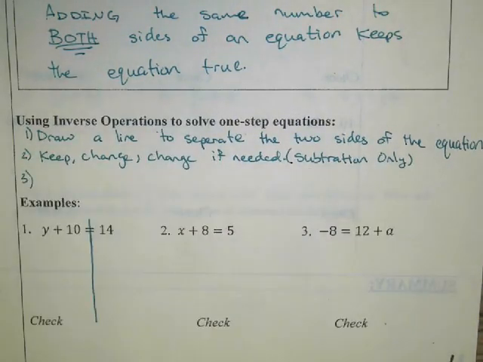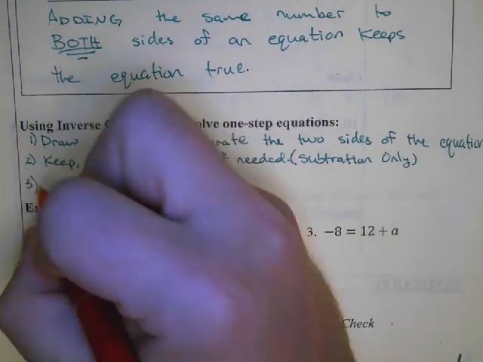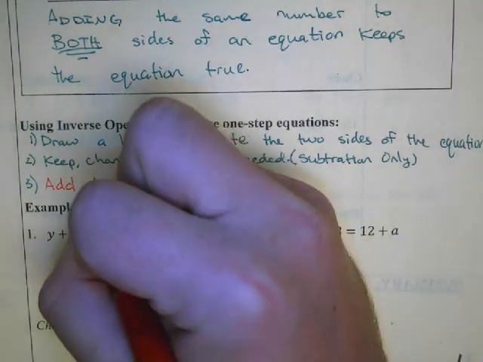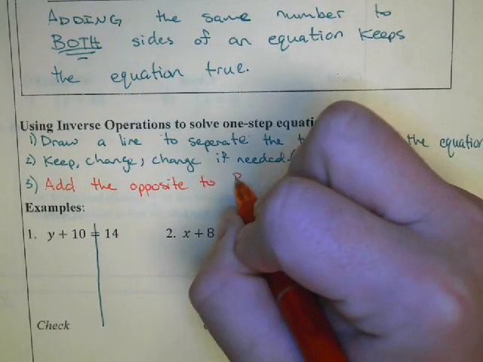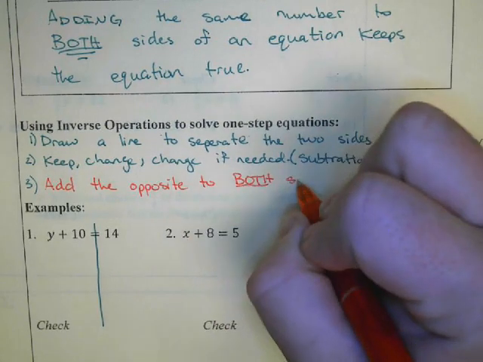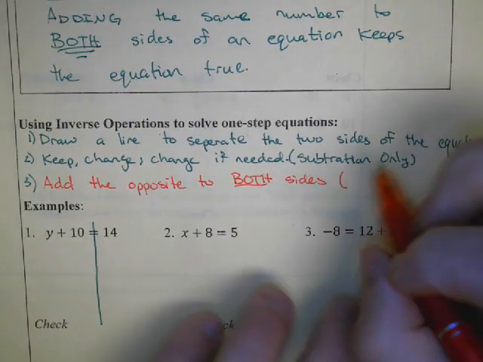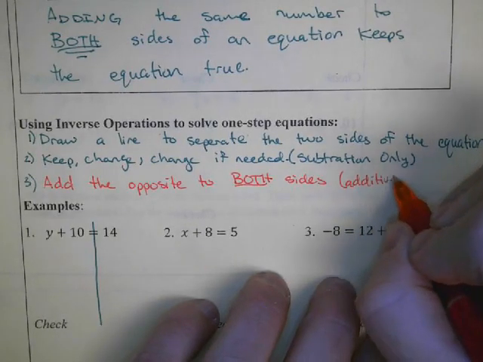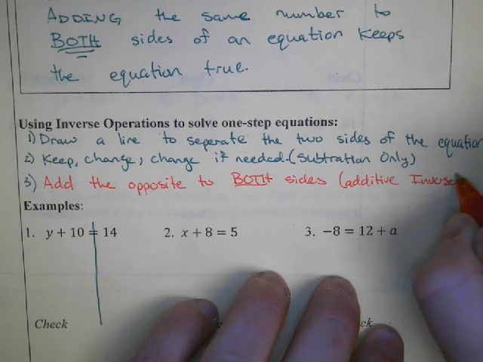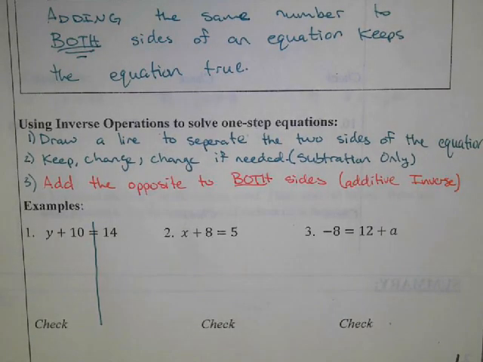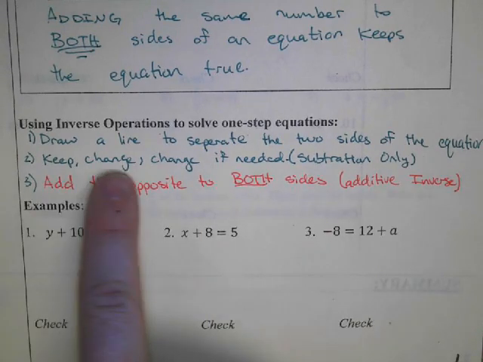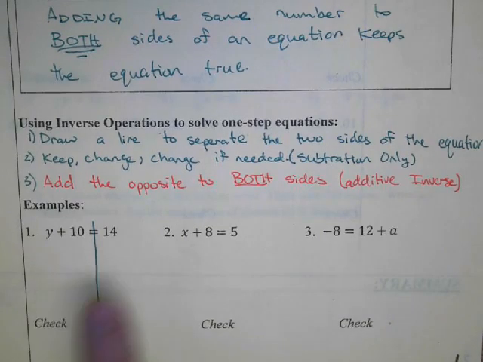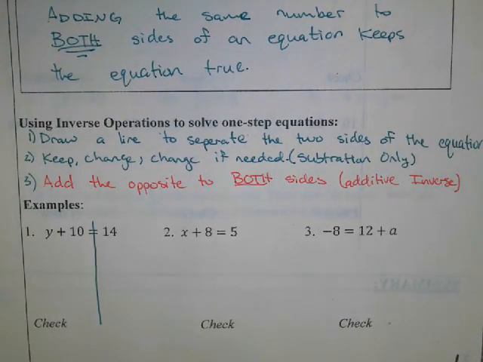Step 3 will be add the opposite to both sides. And that's our additive inverse property. Okay, so we have our draw a line to separate the sides of each equation. If there's any keep, change, we'll do that. And then we'll add the opposite to both sides of the equation.